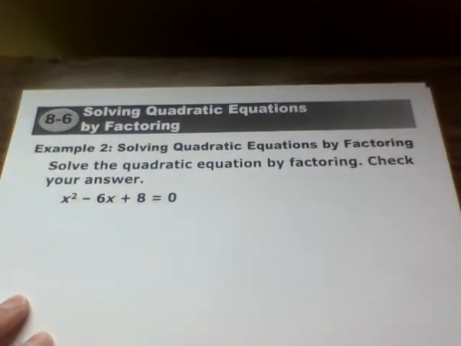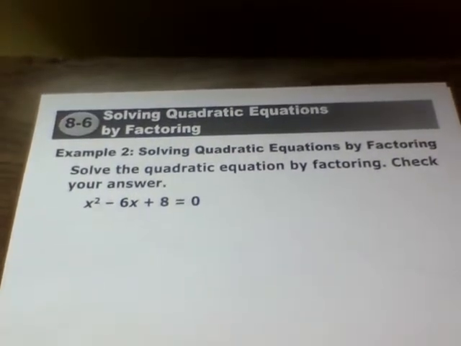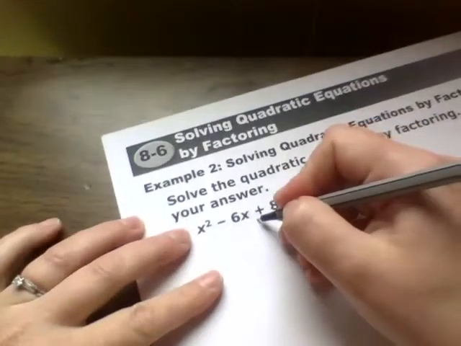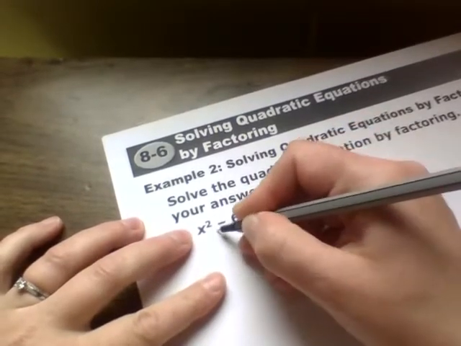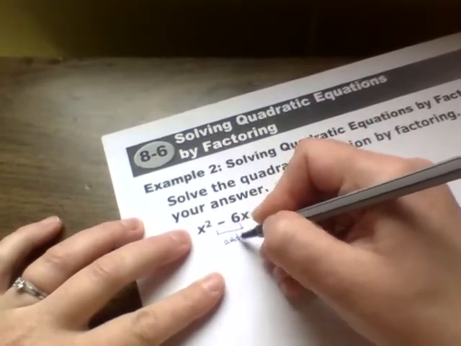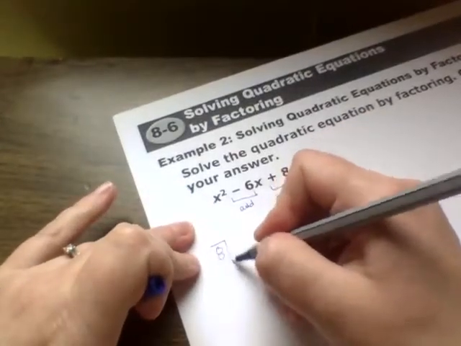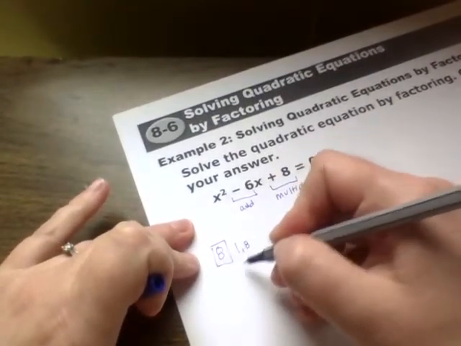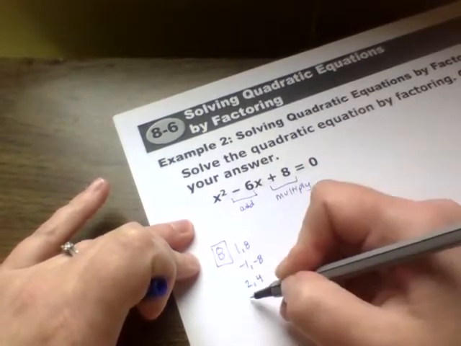Taking a look at our first one here, we're not going to do step 1 because it's already rewritten, but we are going to factor. If we take the time to factor this piece, we're asking ourselves what multiplies to be 8, but at the same time adds to be -6. Multiples of 8, remembering back to factoring, are 1 and 8, -1 and -8, 2 and 4, -2 and -4, and that's about it.